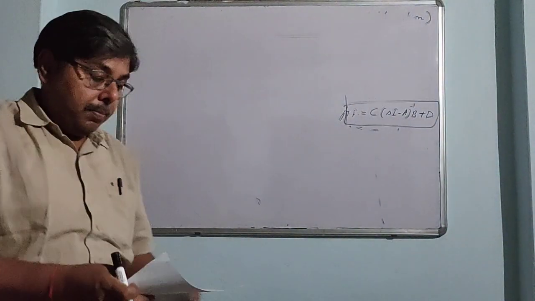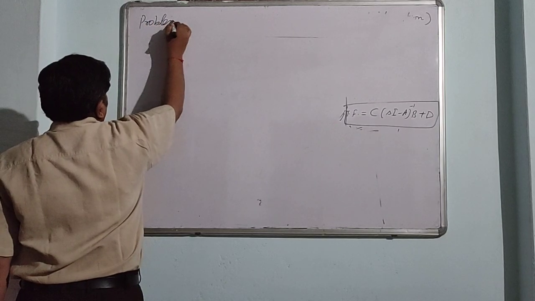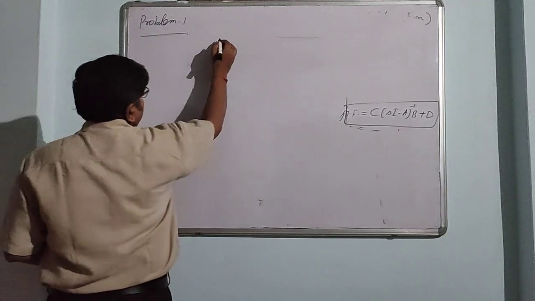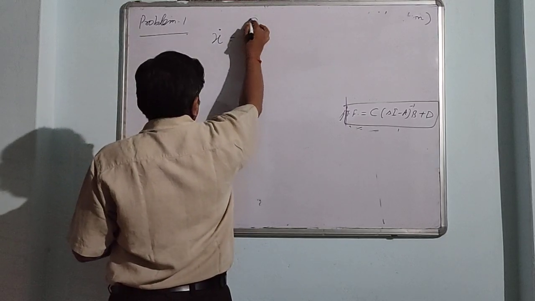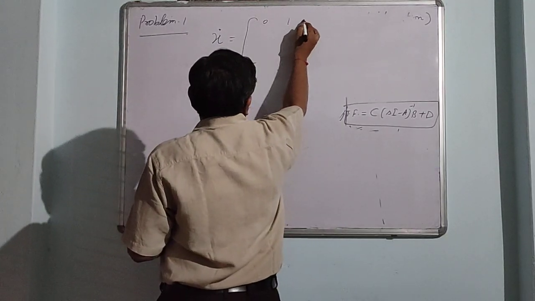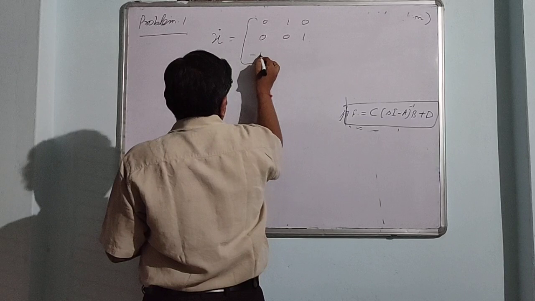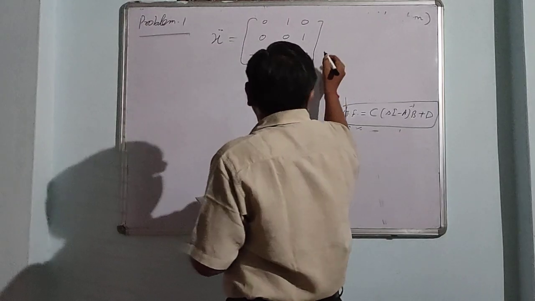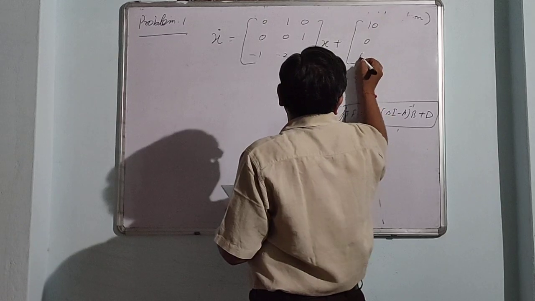Suppose we are taking one example here. So now problem 1. Suppose any system is represented by two equations. So first one is the matrix 0 1 0, 0 0 1, minus 1, minus 2, minus 3, plus 10 0 0.